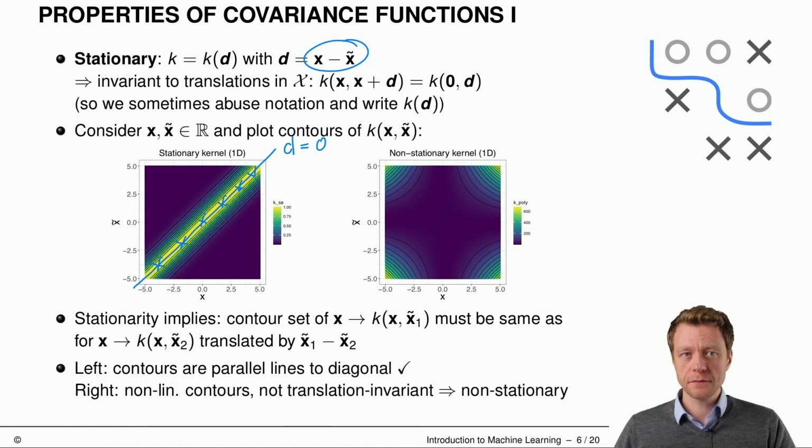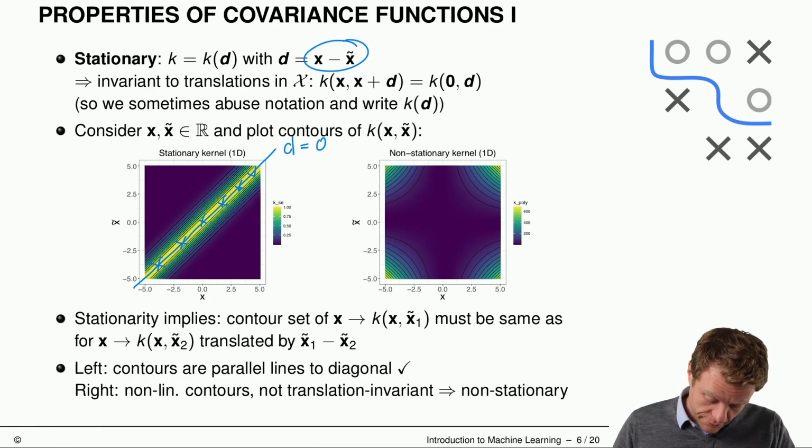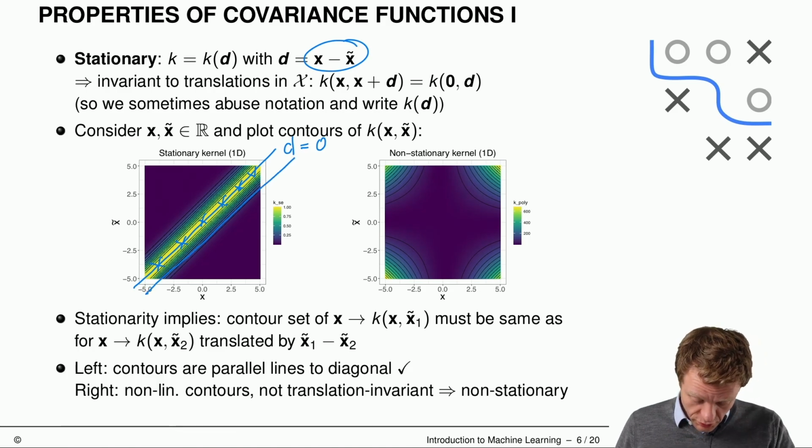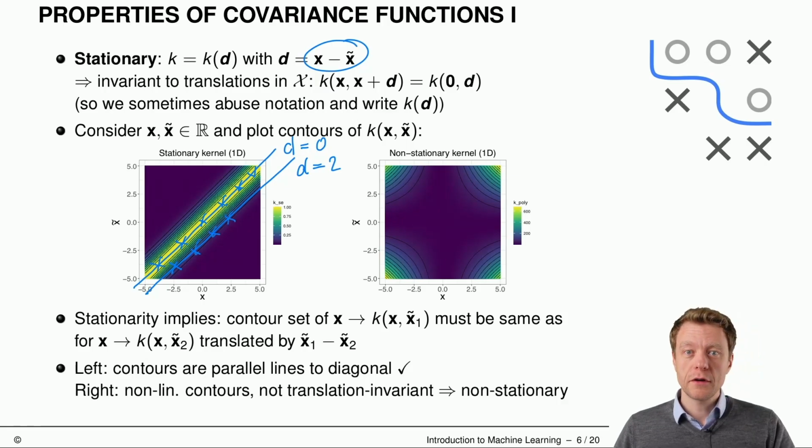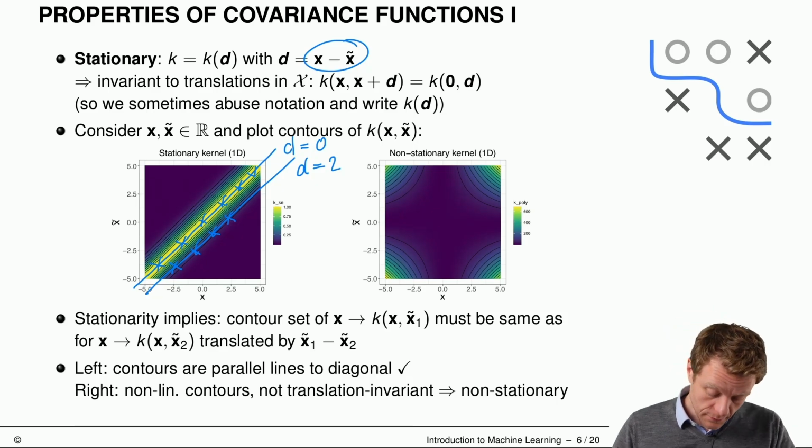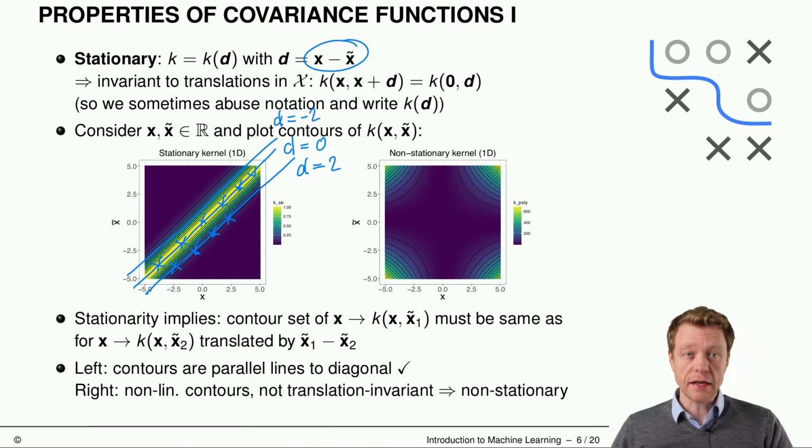So if the difference is 0, the exact location doesn't matter, but this does not only hold for the difference of 0, but for any other difference too. So if we take something like this here, the difference will be, I don't know, 2 more or less. And if I move along this difference line, all the covariance values will have the same value as well. And the same if I go up here, where we are then in the negative half space.